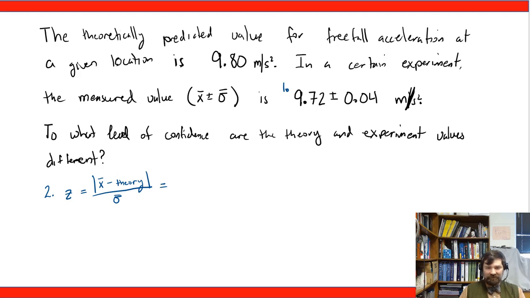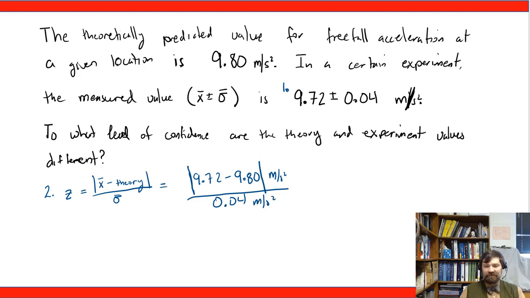All right, so that is the absolute value of 9.72 minus 9.80. This is, of course, in meters per second squared, all divided by 0.04 meters per second squared.